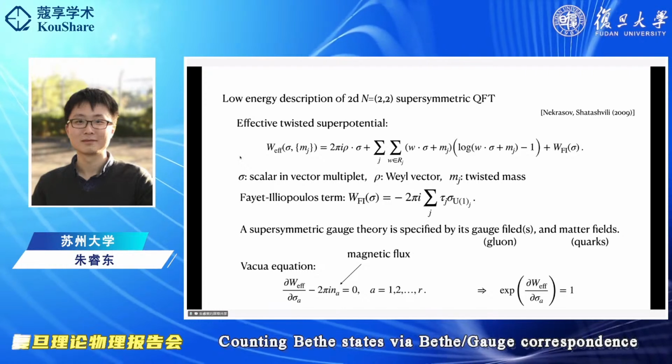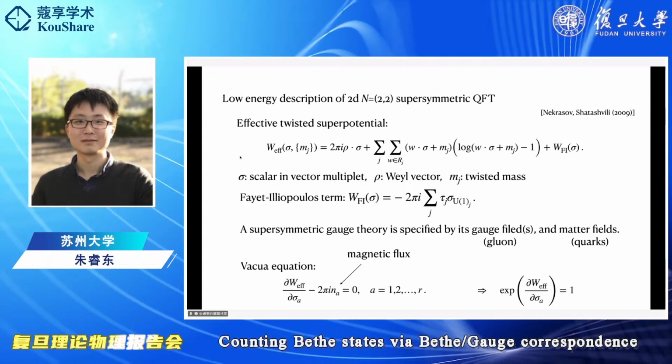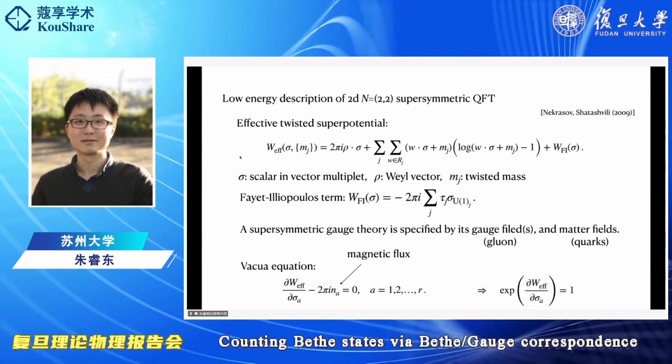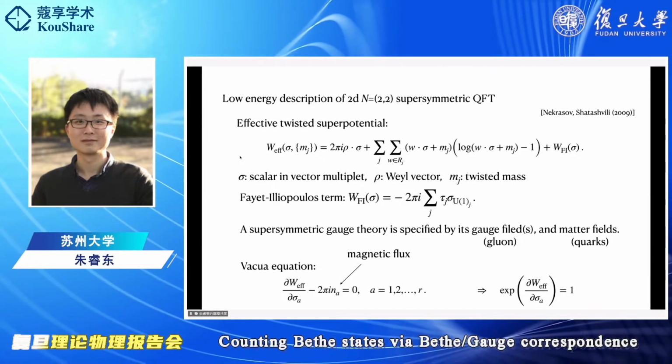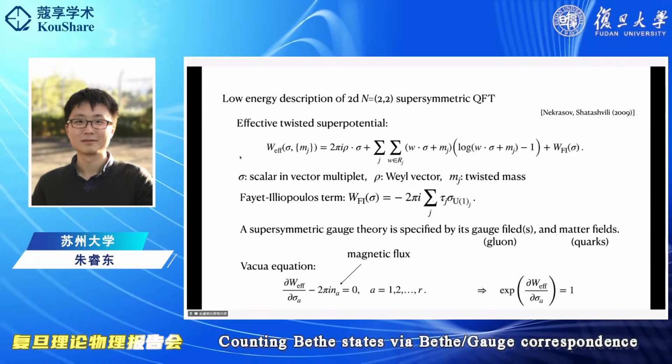What is sigma U(1)_j? Sigma is actually in the adjoint representation of the gauge group, so sigma U(1) is the U(1) part of the gauge group.